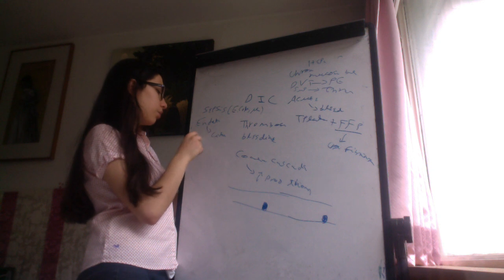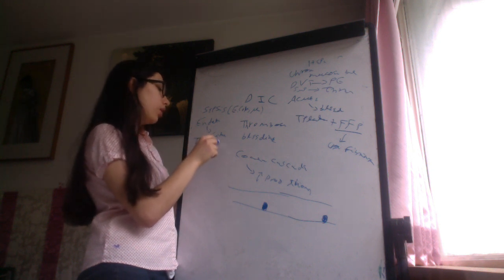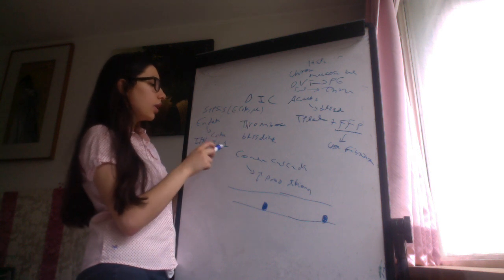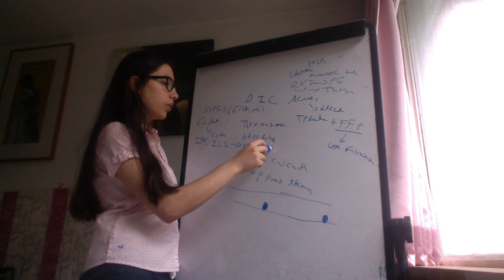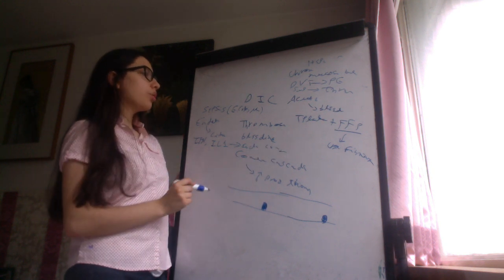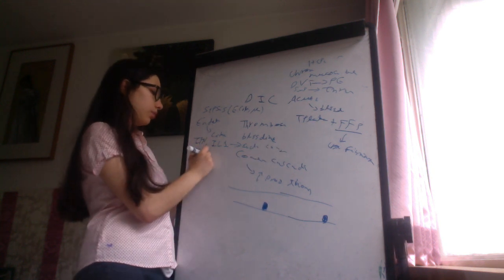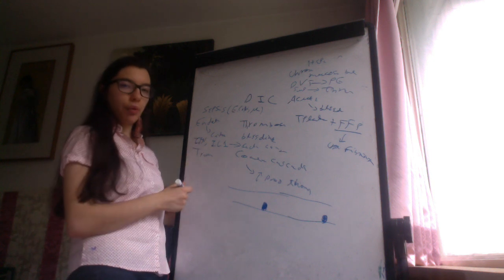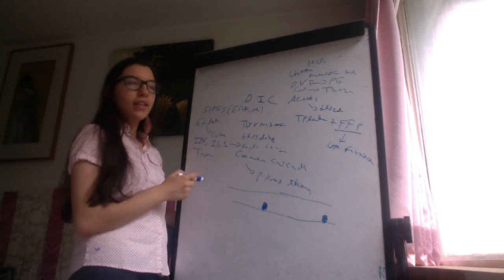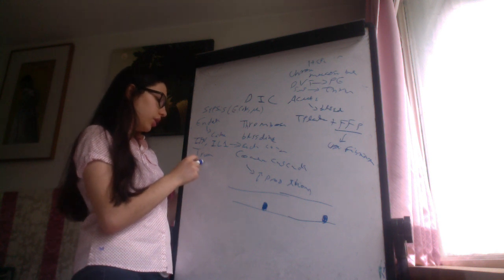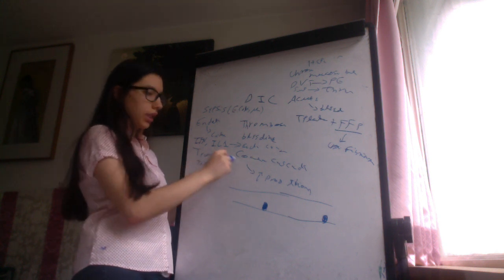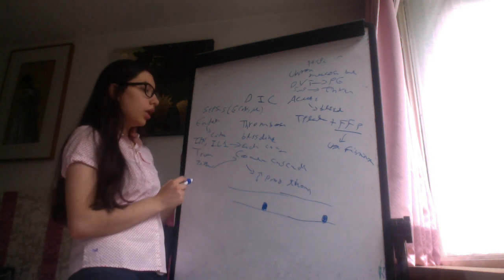These cytokines would be interferon, for example, or IL-1, and this activates the coagulation cascade. Also, if there is severe trauma, for example, head trauma, there will be release of tissue factor, and this activates the coagulation cascade.